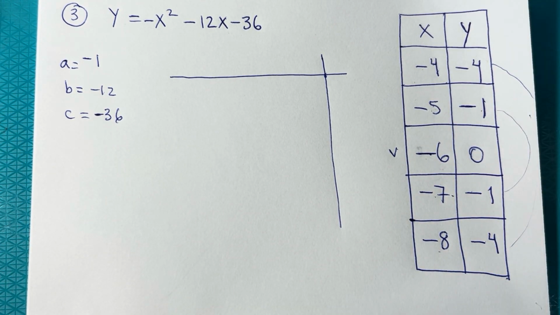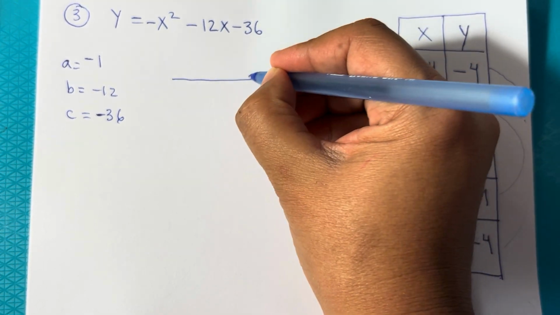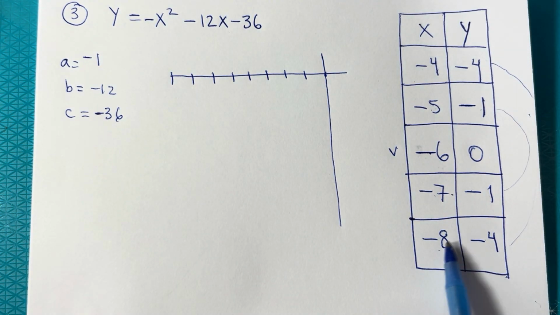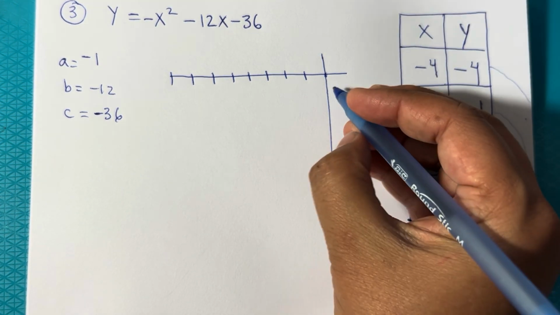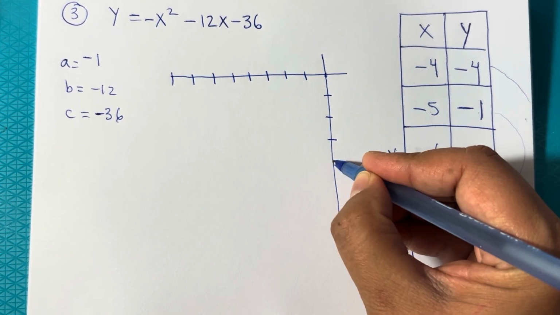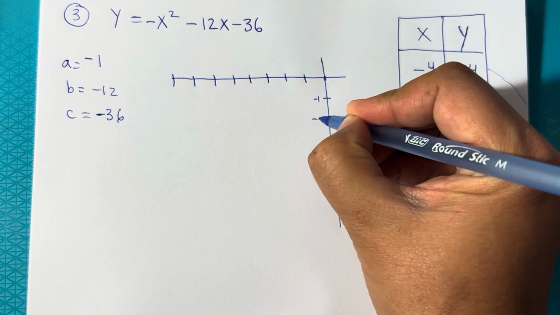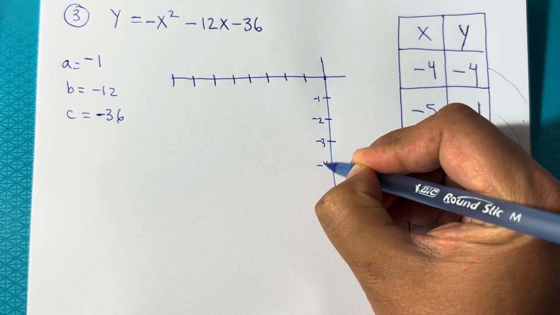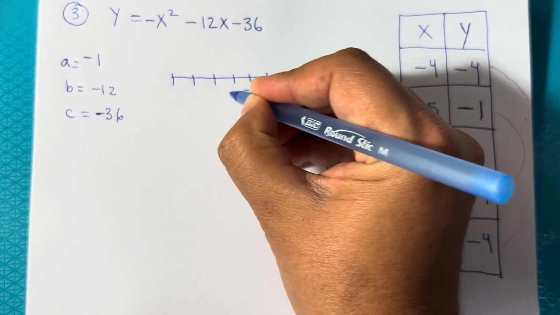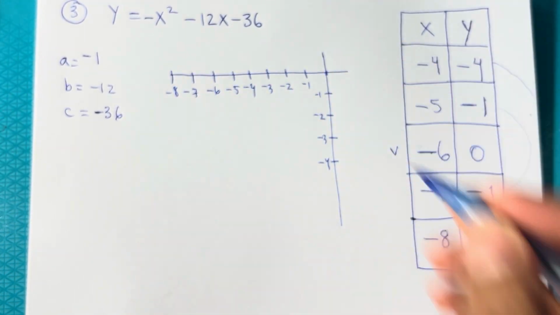So for X, I need negative 1, 2, 3, 4, 5, 6, 7, 8. And then for Y, I need up to negative 4. So negative 1, 2, 3, 4 at the most, okay? We label them. Negative 1, negative 2, negative 3, negative 4, negative 5, negative 6, negative 7, negative 8.